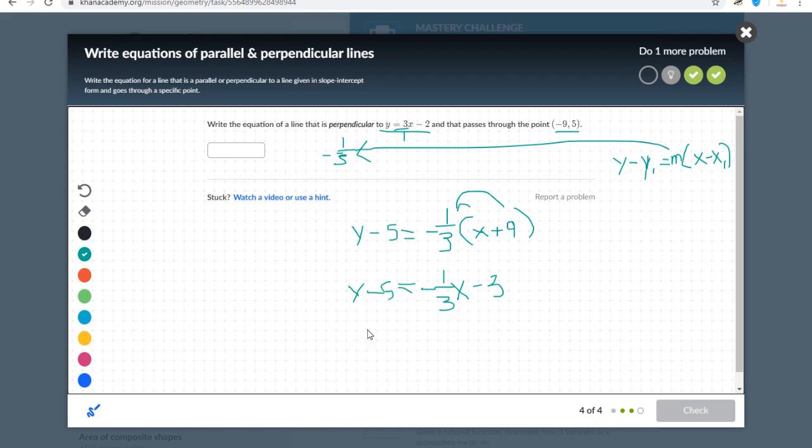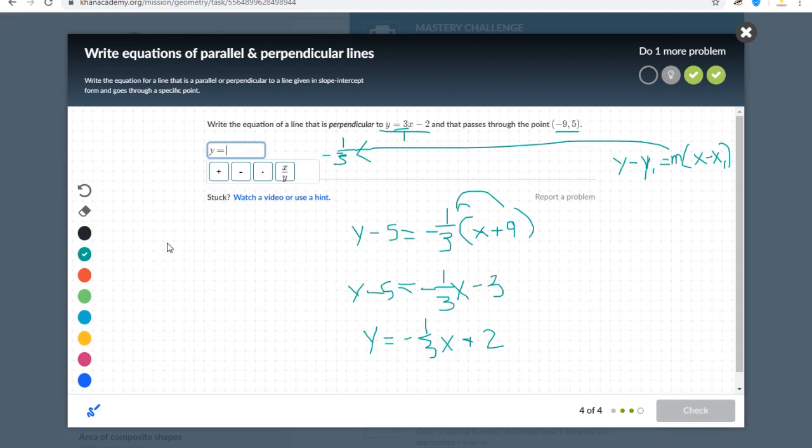Now, last step we got to do is add this 5 over. Y equals negative 1/3x plus 2. This should be our answer.